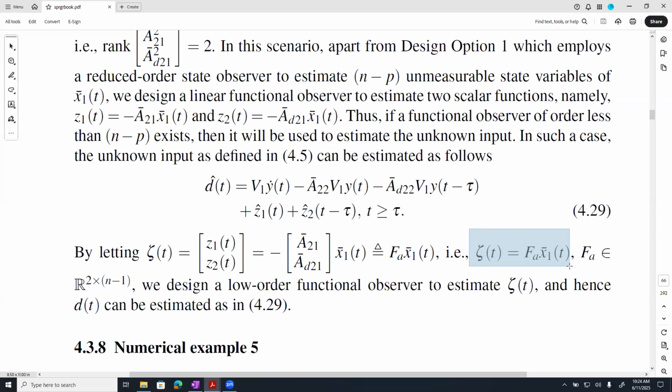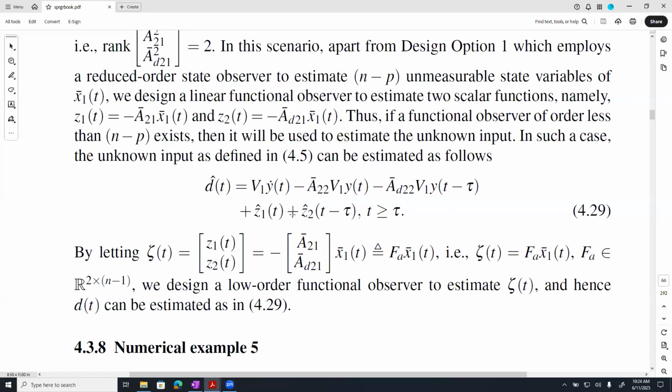So it's no longer a scalar functional observer, but it's going to be multiple functionals, and the theory for that can be applied very straightforwardly, available in the literature. And then once we realize this bit here, then that can be realized.